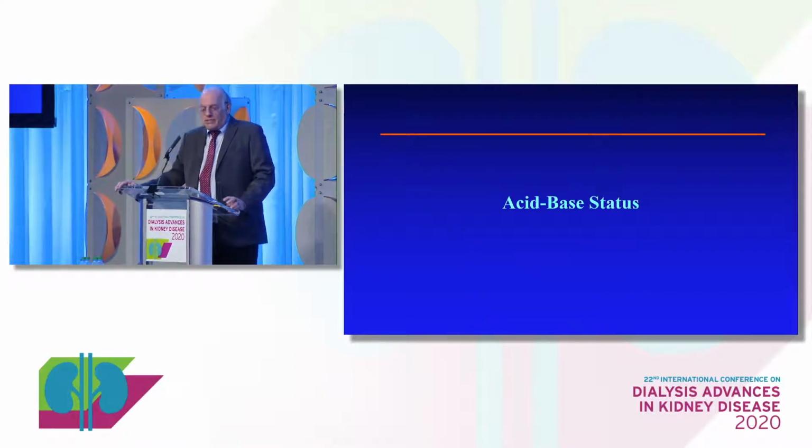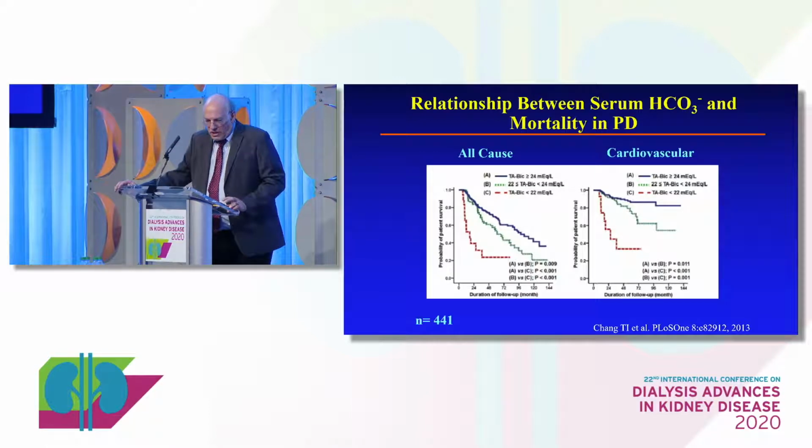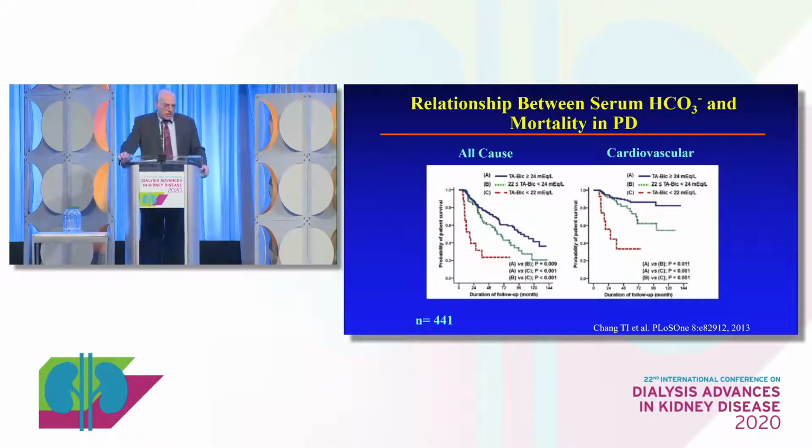So, acid-base status. Here's a study out of China. It's a relatively modest-sized study, some 450 patients, looking at the relationship between serum bicarbonate and mortality in peritoneal dialysis patients. On the left, all-cause mortality. On the right, cardiovascular mortality.